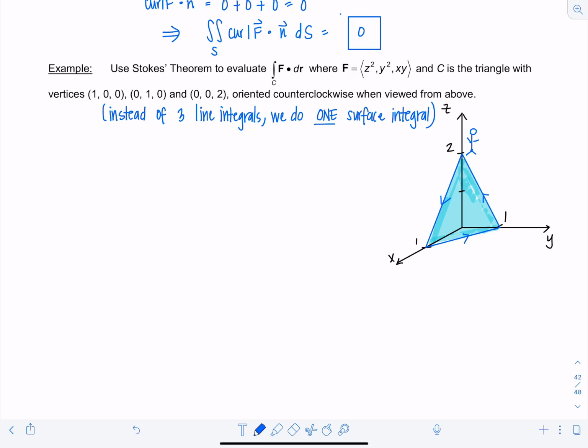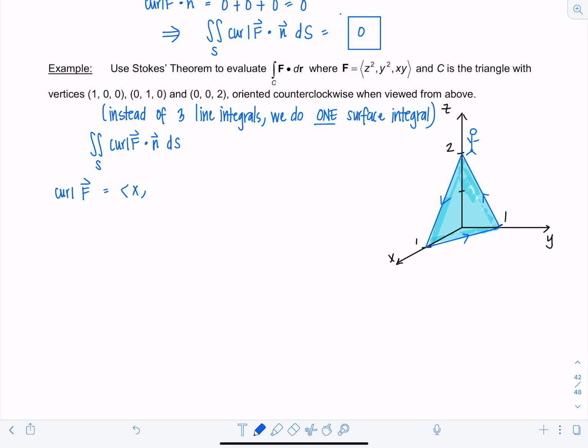So here we go. That means I'm going to evaluate the surface integral of curl of f dot n ds. Okay, let's first get the curl of f. I'll just give it to you, okay? Hopefully you have enough practice in evaluating curl in the other sections so we can move on with our lives.